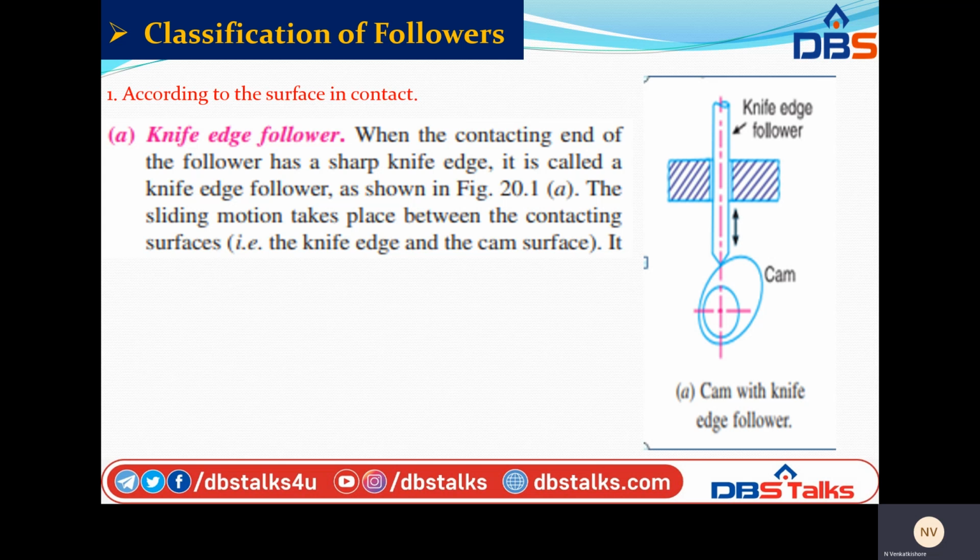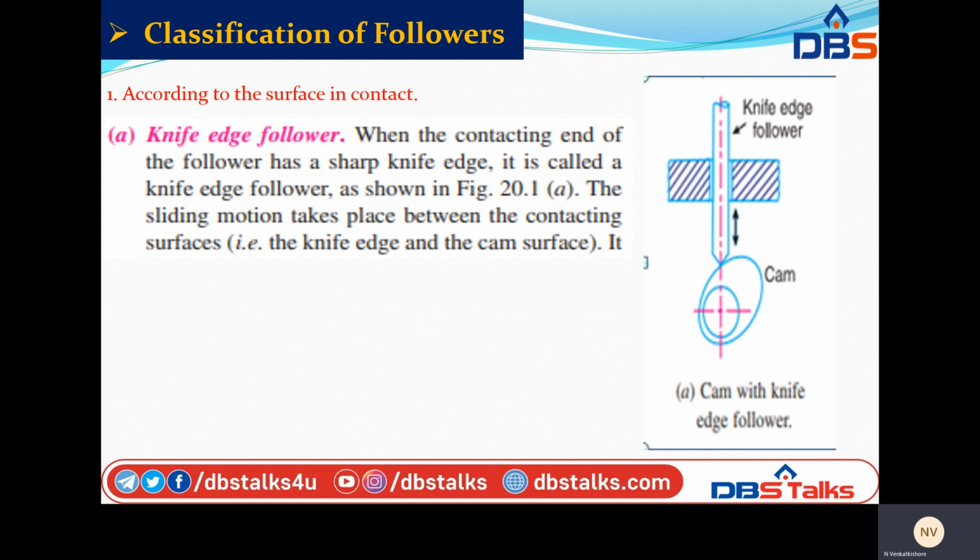Knife edge means the end of the follower is a sharp edge, so we call it a knife edge follower. When the contacting end of the follower has a sharp knife edge, it is known as a knife edge follower.